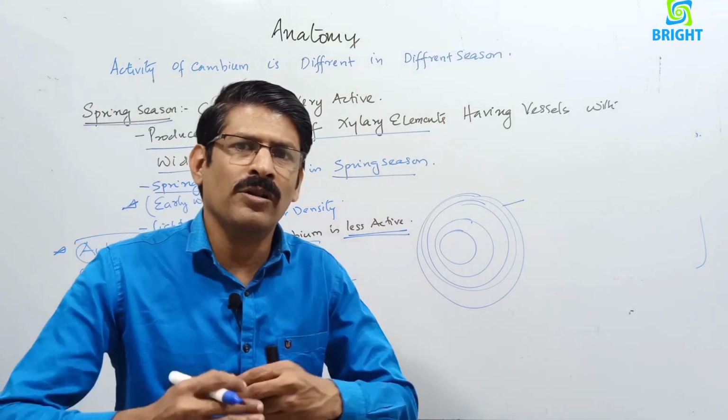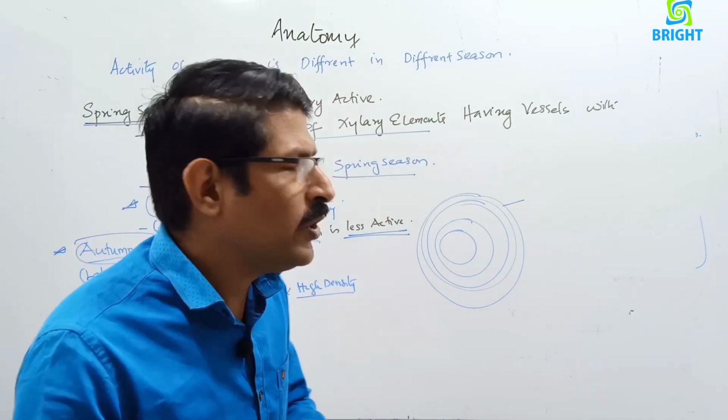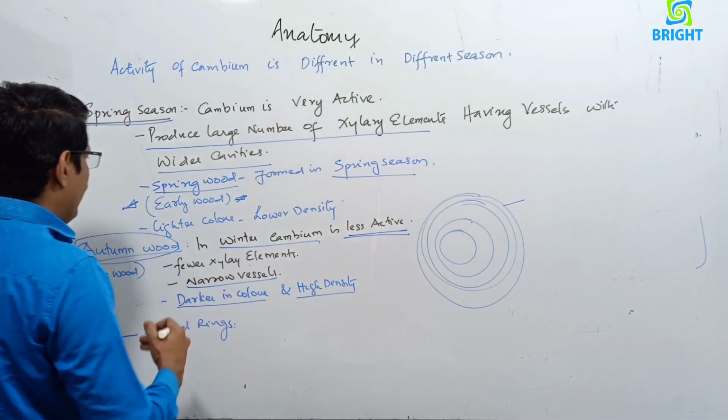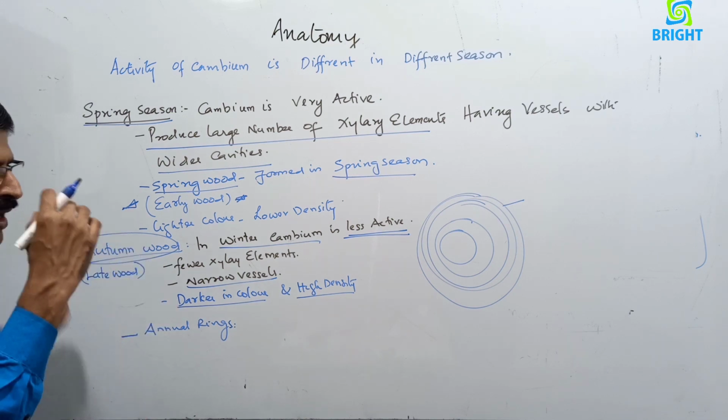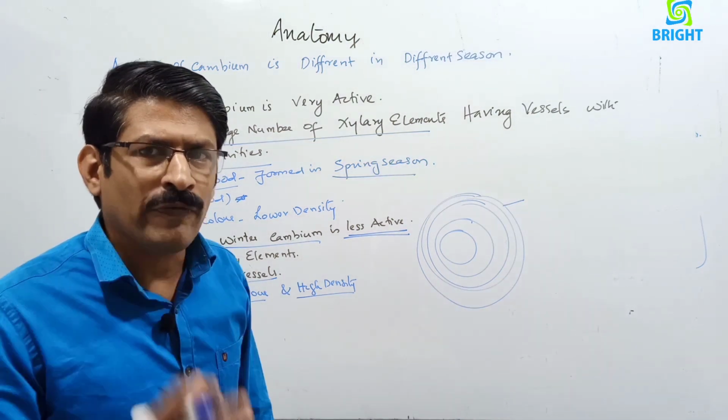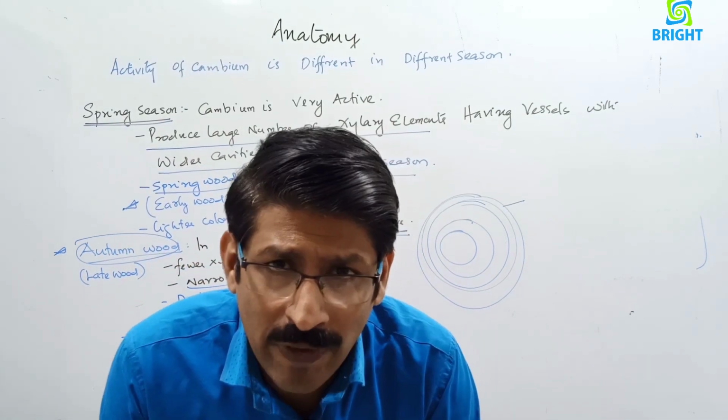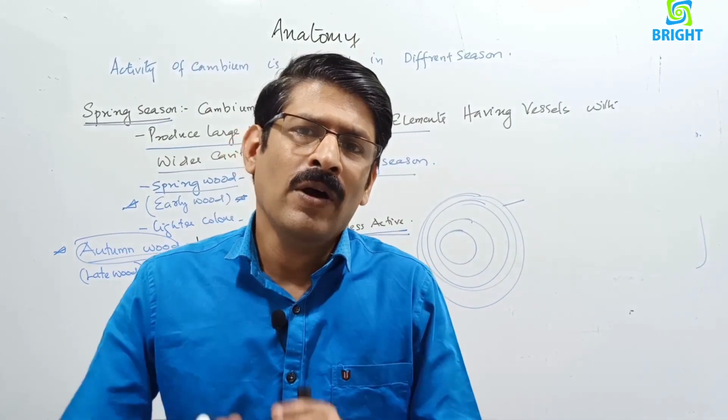Annual ring is the concentric arrangement of spring wood and autumn wood, or early wood and late wood, in each year. So there is a branch of biology that deals with counting the age of the tree on the basis of the annual ring.